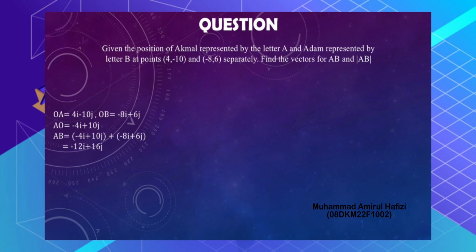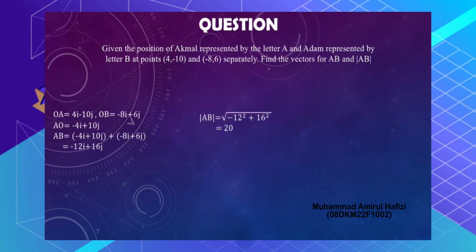AO equals -4i plus 10j. AB equals -4i plus 10j plus -8i plus 6j, which equals -12i plus 16j.